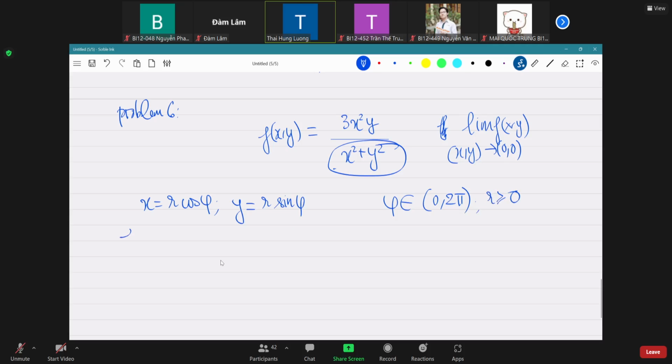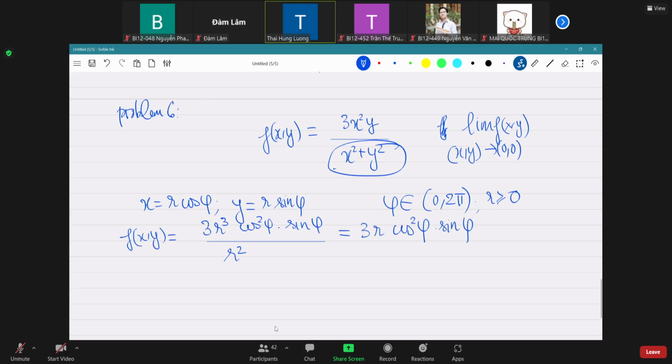Then the function can be rewritten as 3r to the power 3 cosine squared of phi multiplied by sine of phi over 2 r squared, and it gives us this.